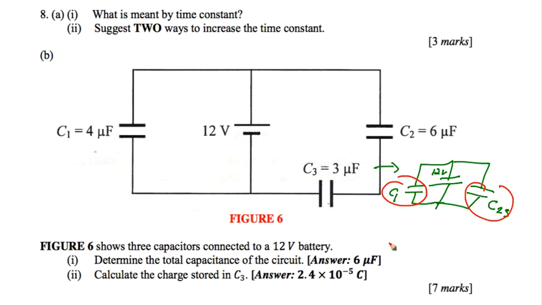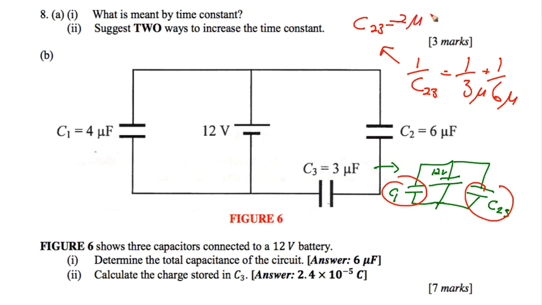To calculate the effective capacitance, first you calculate C3 and C2. The effective capacitance of C2 and C3 is 1 over 3 plus 1 over 6. Sorry, this is microfarad. So now C23 is equal to 2 microfarad. Use a calculator to calculate C23.